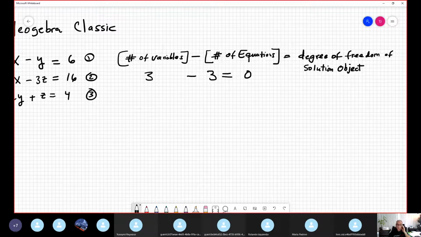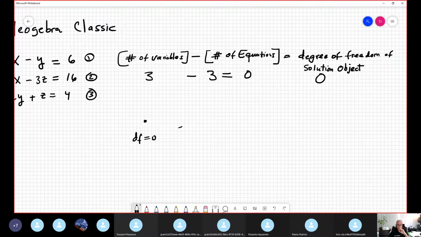So the degree of freedom is 0. That means we have a point. We have different objects in 3 dimensions or in multi-dimension. Suppose 3 dimensions. In 3 dimensions, a degree of freedom equal to 0 is a point.